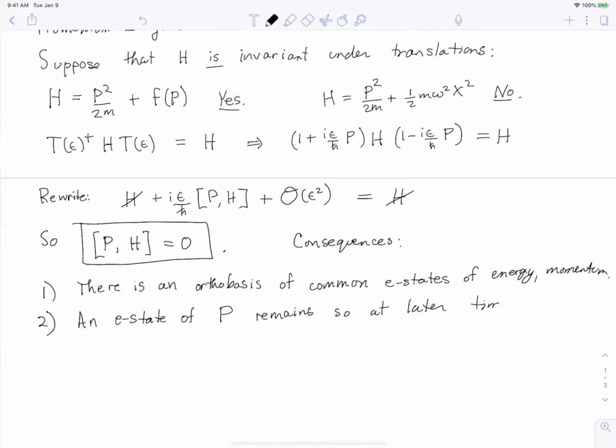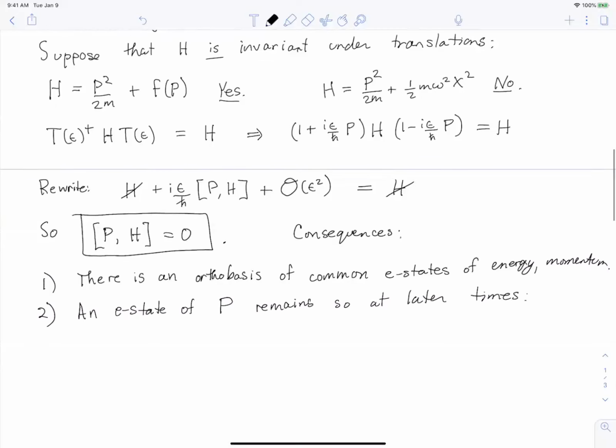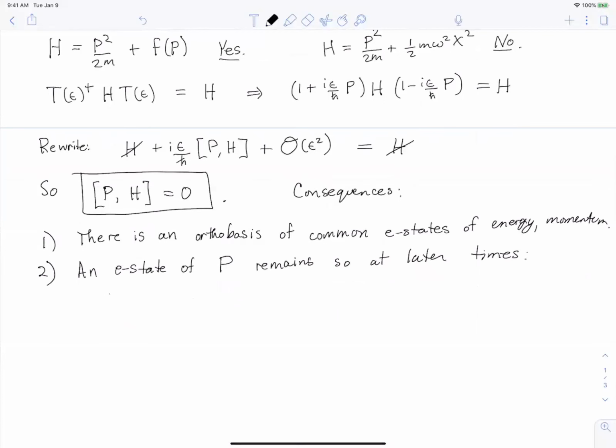So we can prove that in one line as follows. If we take the momentum operator acting on the time evolved state, remember we learned how to do time evolution with this unitary operator e to the minus i Hamiltonian t over h bar.